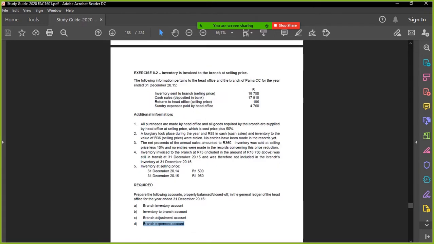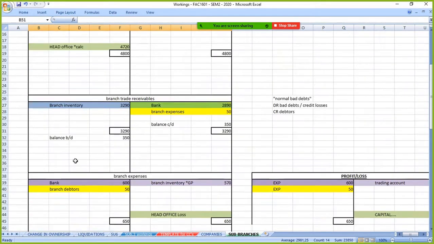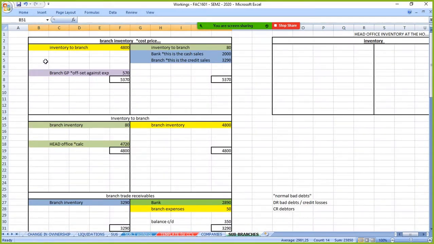Okay, so go to your Excel spreadsheet. We need tier counts. Oh, I should have labeled this actually. Exercise 8.1.